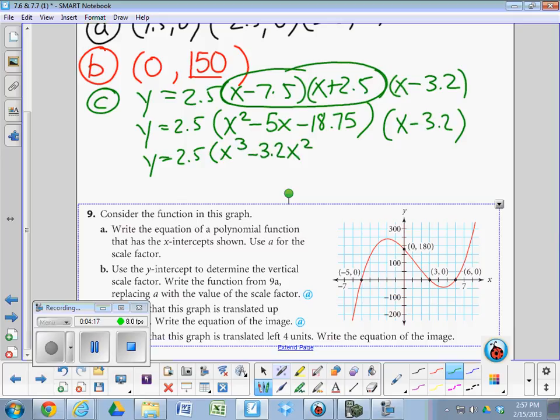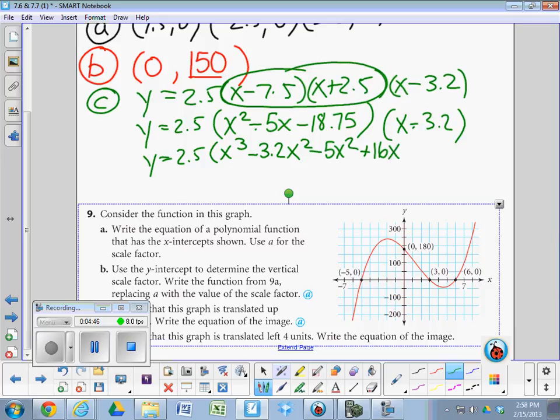Then move on to the next term, negative 5x, and distribute that to x and negative 3.2. Negative 5x squared plus, because it's negative times negative, so positive, 16x. We're now done with distributing the negative 5x.